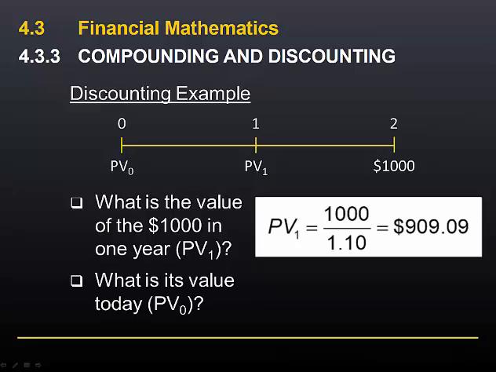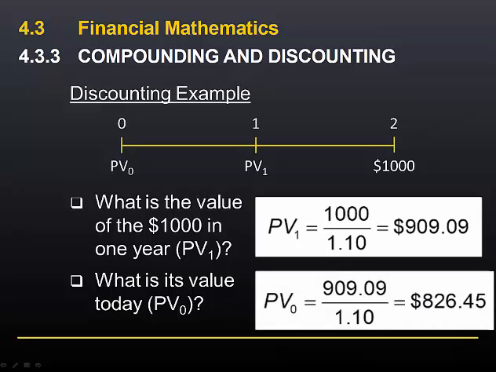What is its value today? PV0. The value in 1 year, $909.09, is divided by 1 plus the interest rate again, giving us the present value today of $826.45.